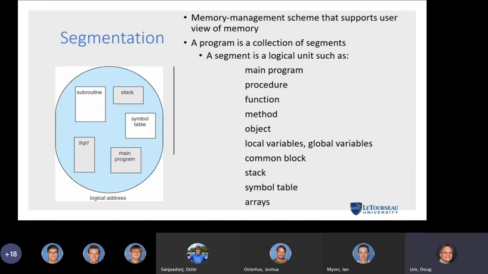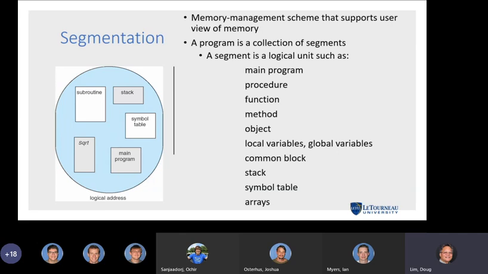We have the stack, the heap, local variables, global variables, and the symbol tables and arrays. And this logical address scheme is what we are used to seeing from a programmer's point of view.